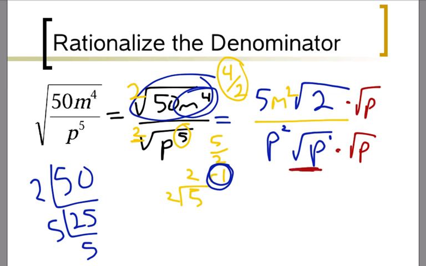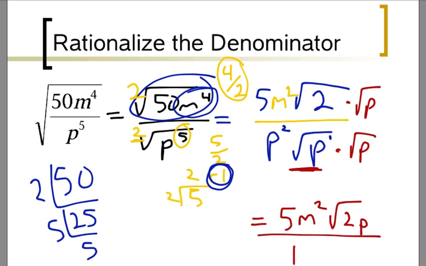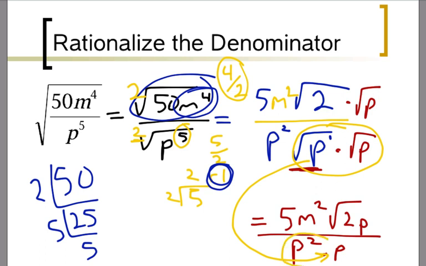So your answer is going to turn into 5m to the second square root of 2p over p squared, and you times it by one more p, because this part right here gives you this second p. The last step you need to do is actually combine this part and get p to the third.